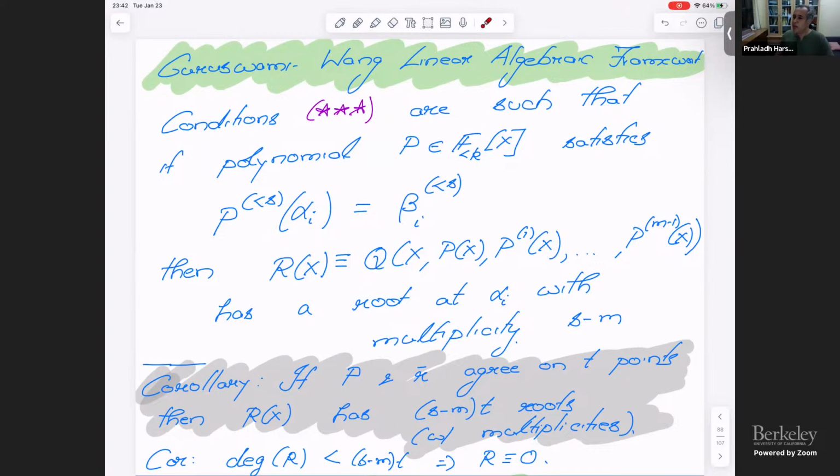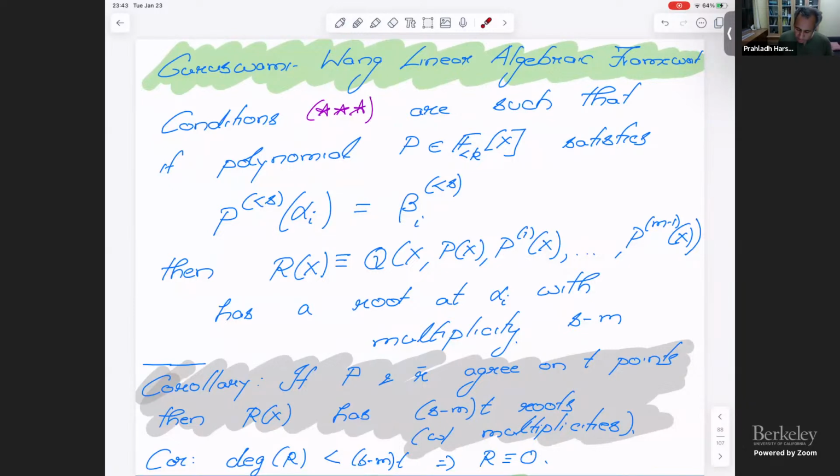The degree parameters are set such that when you plug in P, P1, P2, up to P_{m-1} into Q, these are at most degree 1 in the y's. P is a degree k polynomial, the next is degree k minus 1, k minus 2, all the way up to k minus m minus 1. If you plug in this, then the resultant polynomial has degree at most less than (s minus m) times t. We set it up so that this is the case. Then R is identically 0.